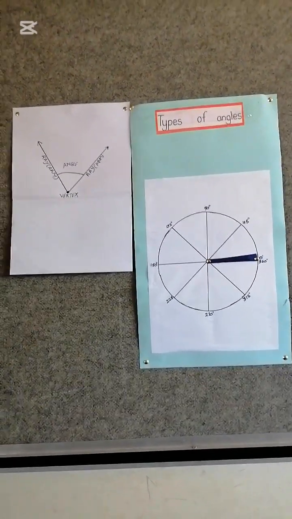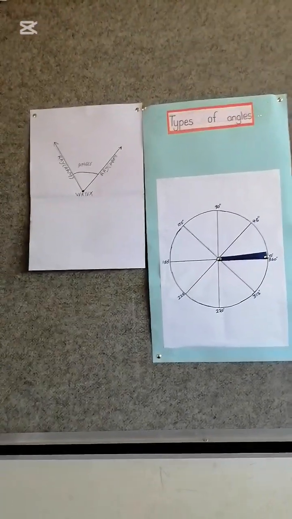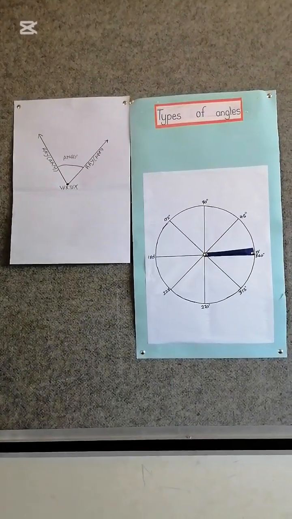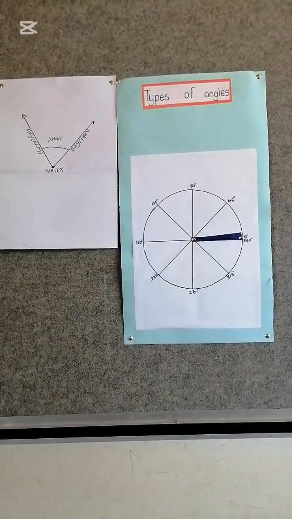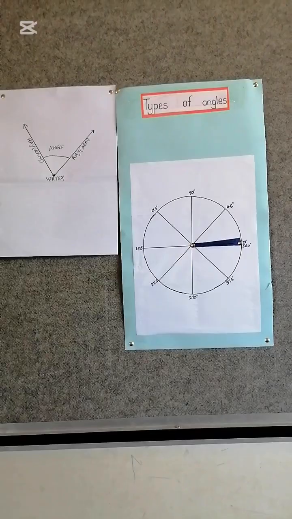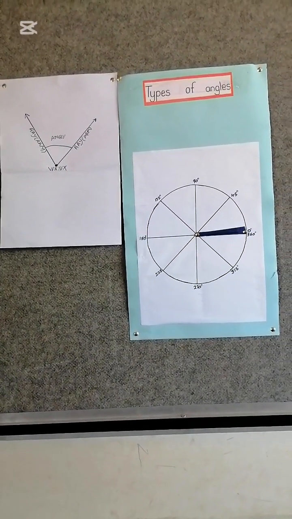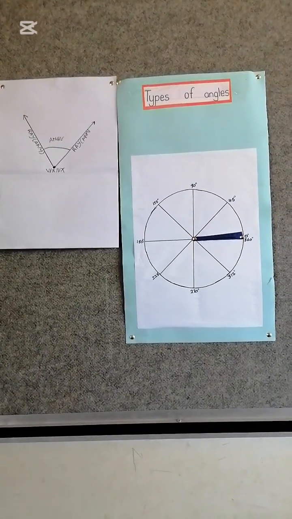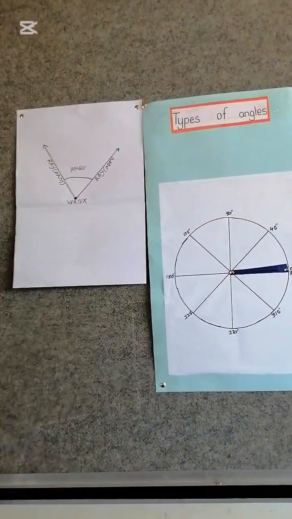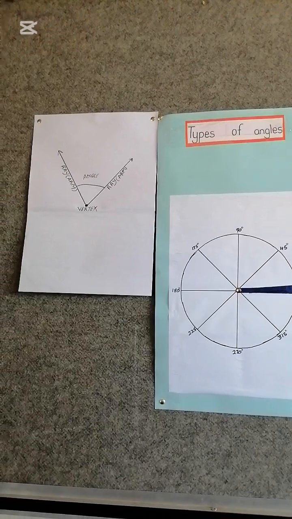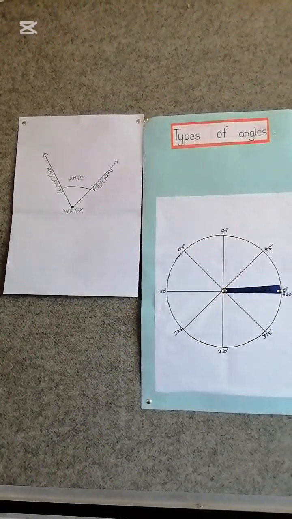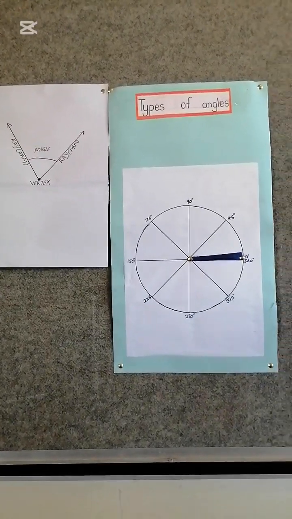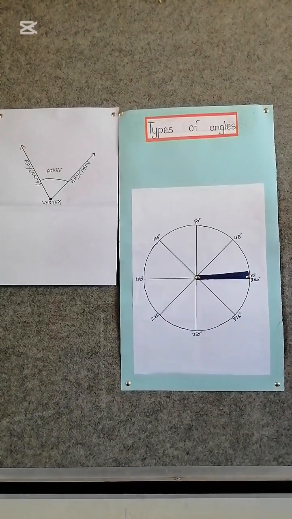Architects use angles to design buildings, bridges, and structures. Even in roofing they use angles, and also in navigation, to determine the directions, the routes, and the positions. That's where we can use these angles in real life situations.